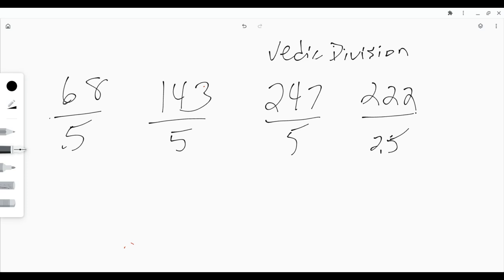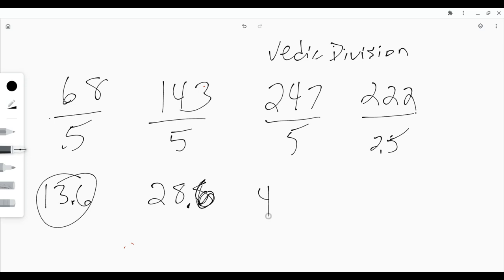Okay. So 68 divided by 5. I'm going to double my 68 to get 136. I'm going to move my decimal point in, 13.6. 143 doubled is 286. Move that in once.